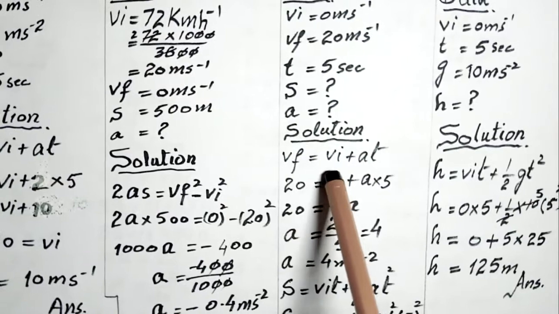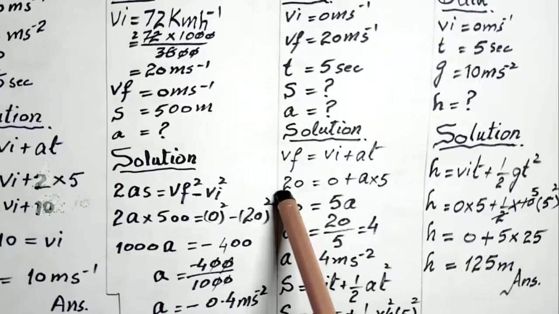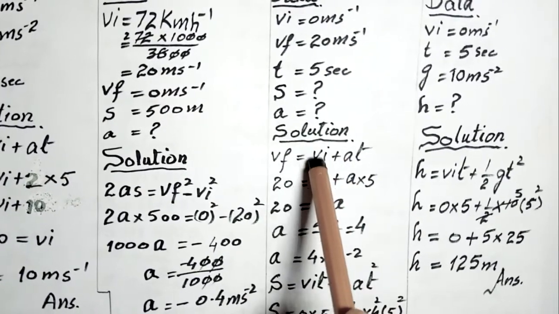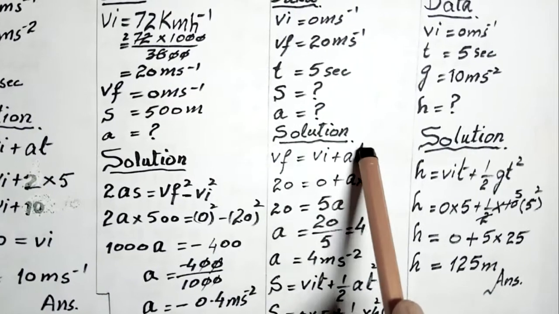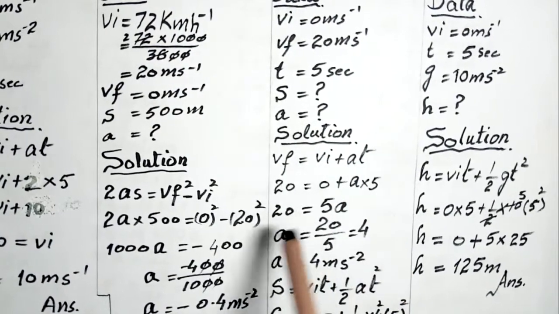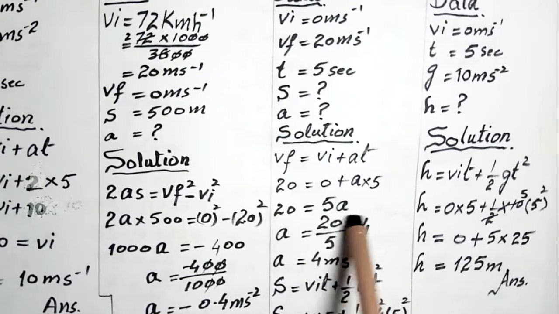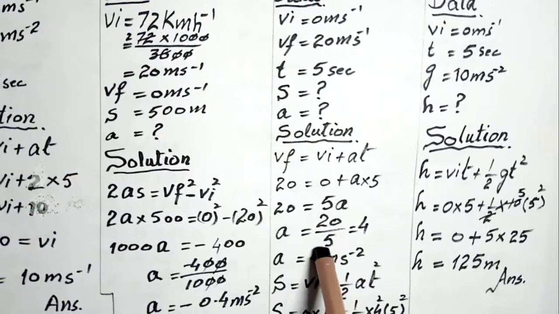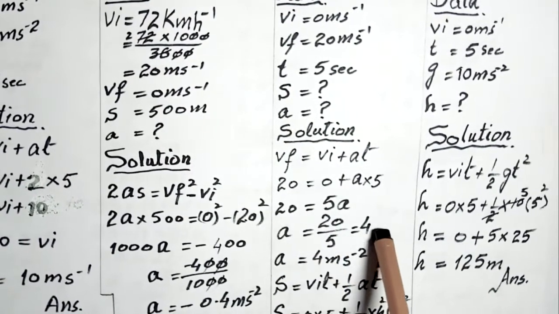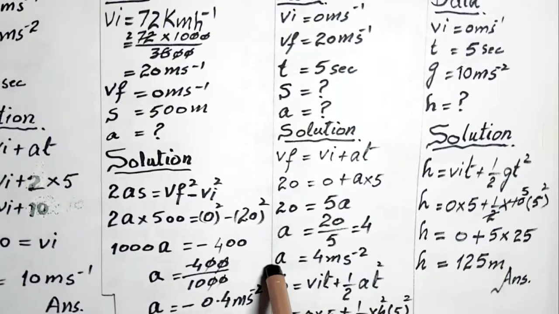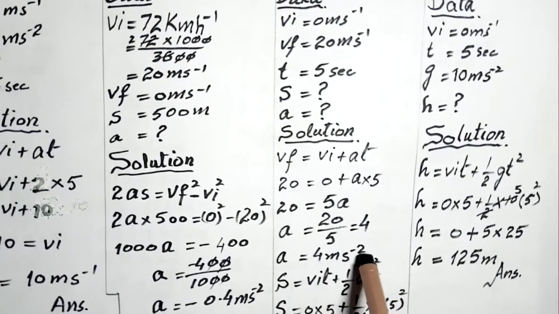Vf is equal to Vi plus At. 20 is equal to, instead of Vi 0, A, and T 5. So 20 is equal to 5A, and A is equal to 20 upon 5. It comes 4. Acceleration comes 4 meter per second square.